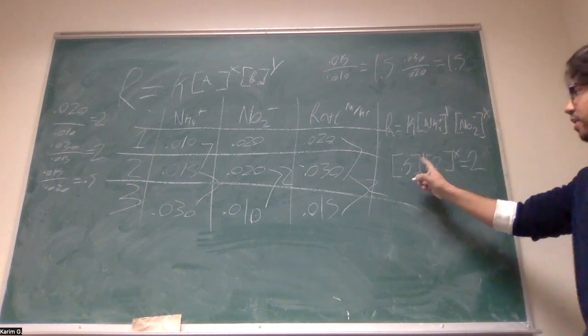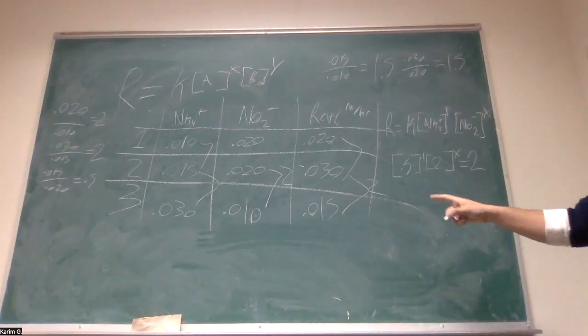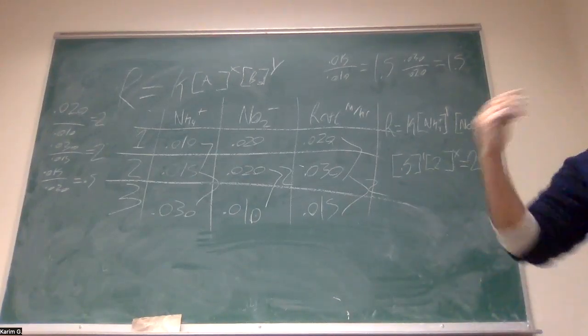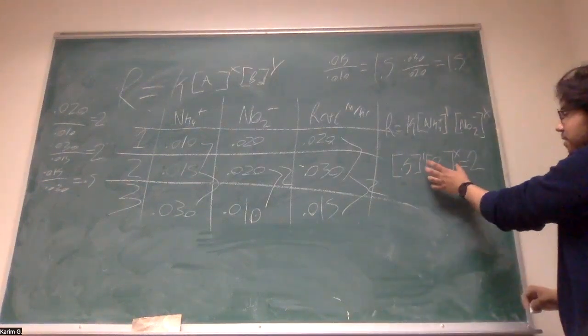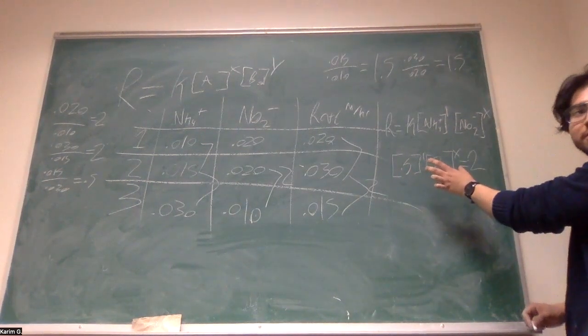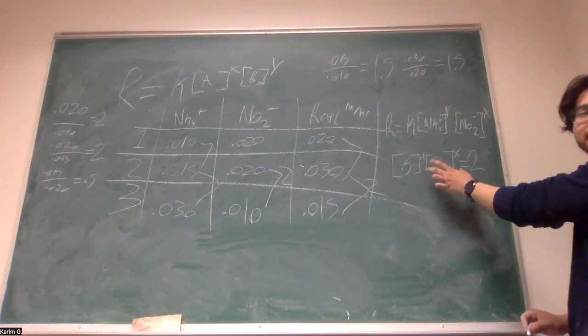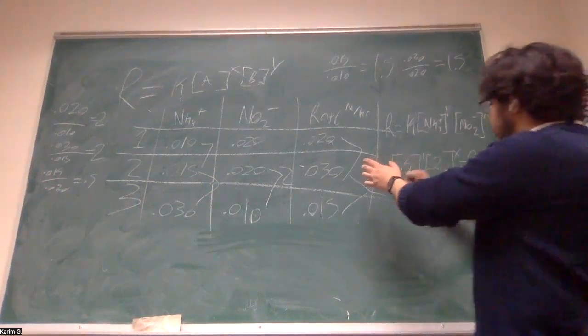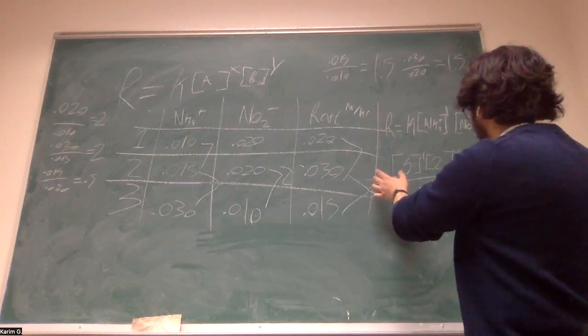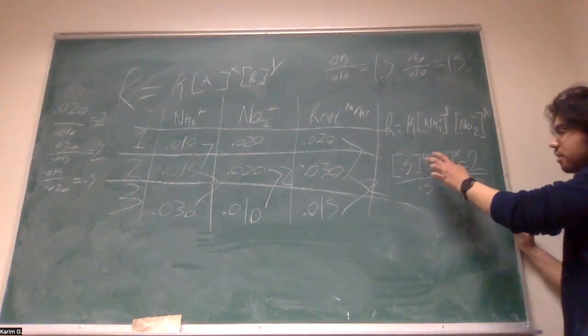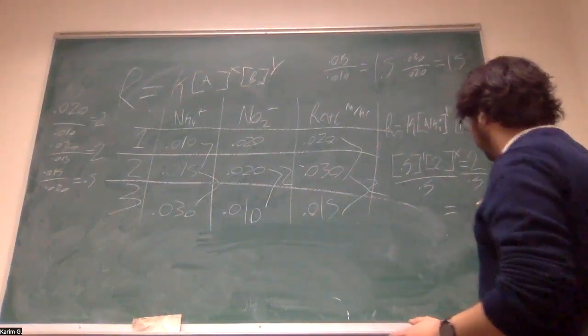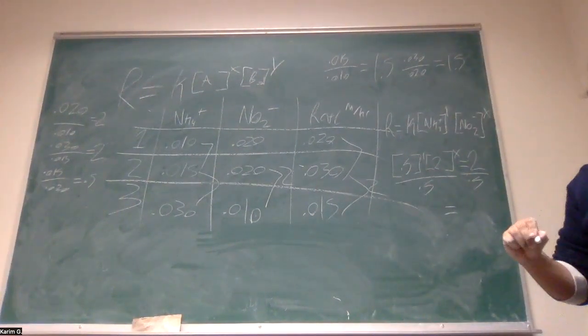Since we know that ammonium is first order, 0.5 is just going to be 0.5. So we want to leave this x by itself, so we divide by 0.5. Then it will be 2/0.5, which is 4.